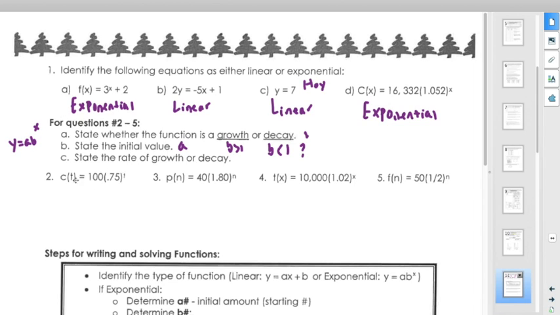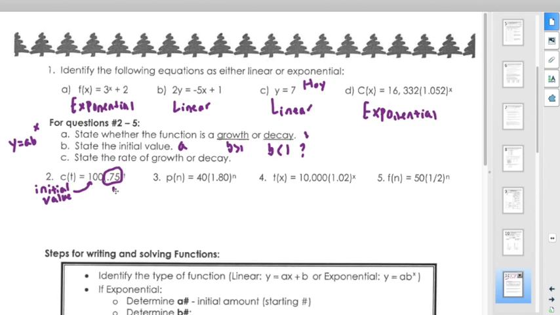So let's look at number 2 here. It's following this form right here. So here's my y. My a, that is my initial value. So my initial value, in this case, is 100. Now, it says 0.75.